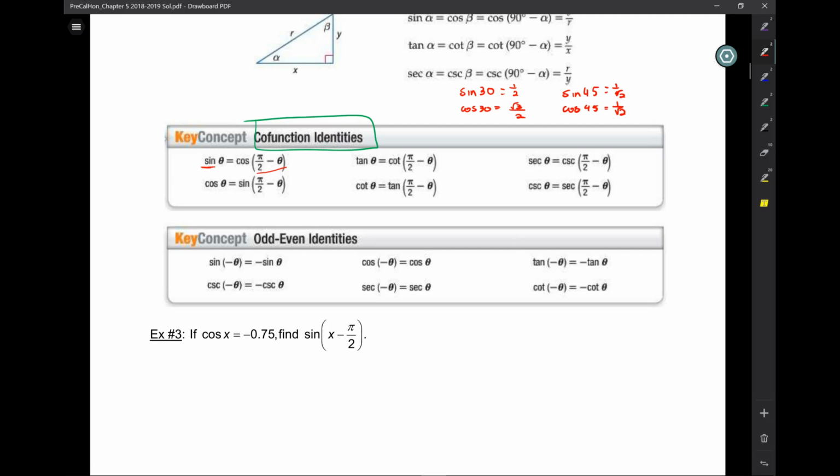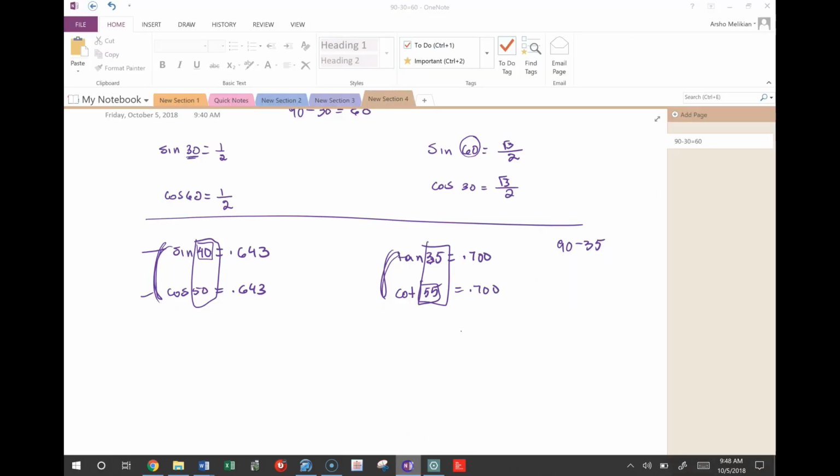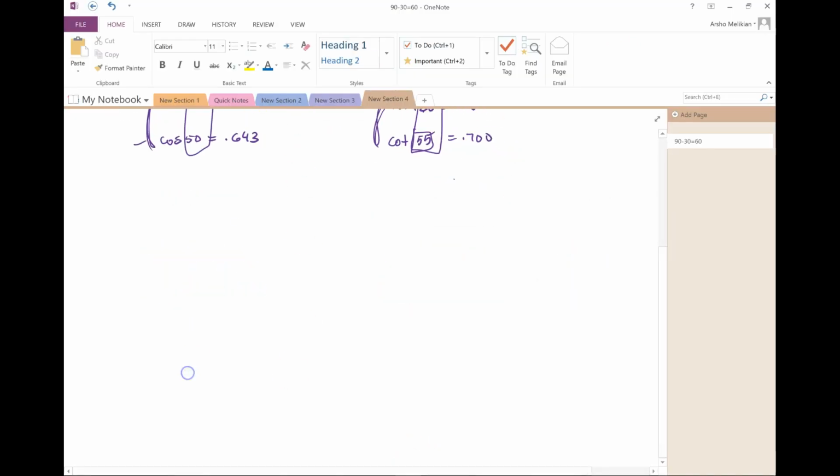Let me tell you some other things that I need you to watch out for. There is a very important situation here where students usually miss. We're talking about complements. If you have an angle 50, how do you find the complement? Subtract 90 minus 50 and you get 40. What if a student does 50 minus 90 and gets negative 40?